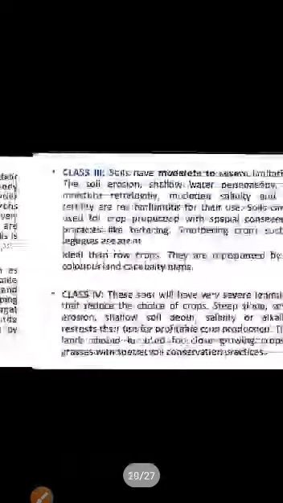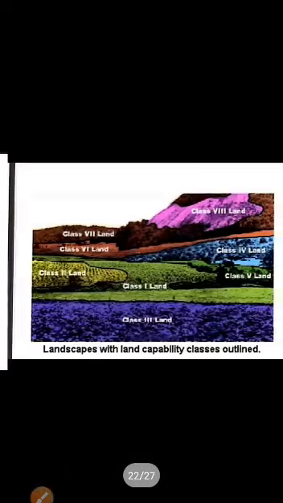So these are all the classes they have described, and there is a diagram of how these are categorized. This is class 1 land, class 2, class 3. Each of the classes you can see by a different color, and you can outline each and every class through this diagram.